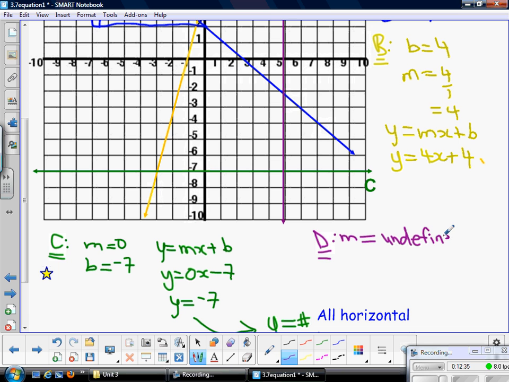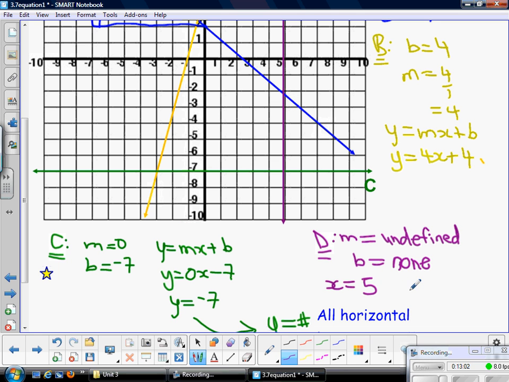And it does not, in this case, have a y-intercept. There just isn't one. Okay, right? It's not 0, there is none. So then how do we create our equation? Well, it's a special one. It's always going to be x equals, in this case, 5. It's always 5.